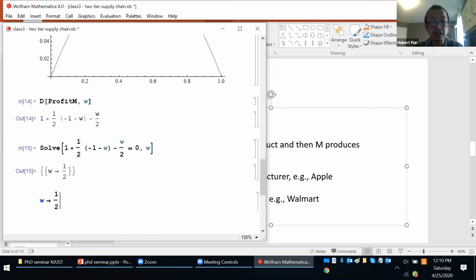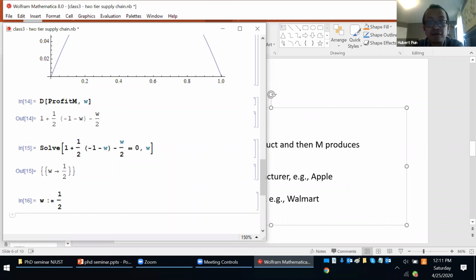So let me input this value. What we have learned is that the manufacturer will charge a wholesale price W equals a half. This value would maximize its own profit. So when the manufacturer charges this, what would be the retail price?